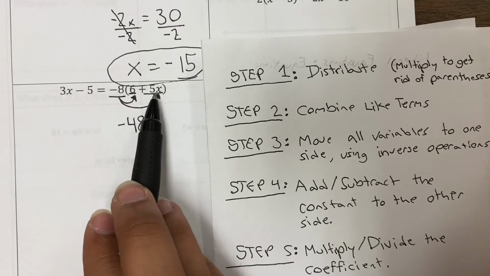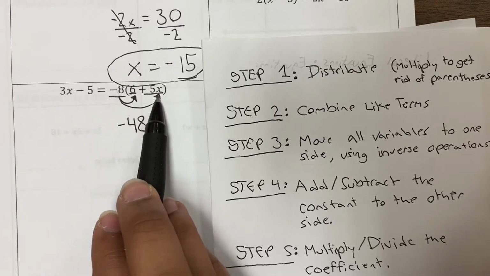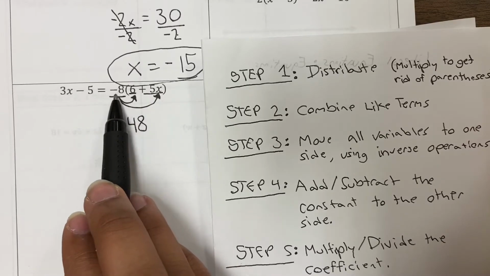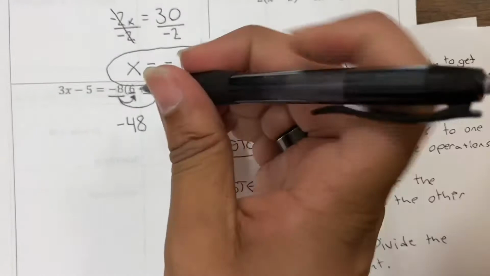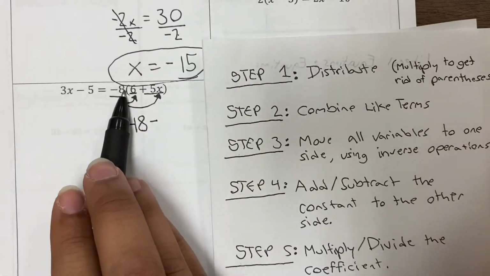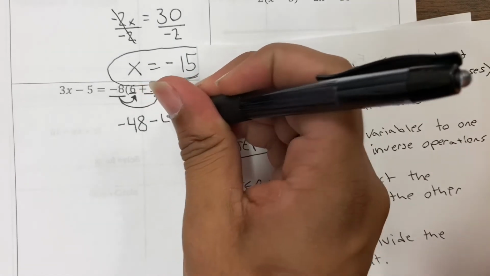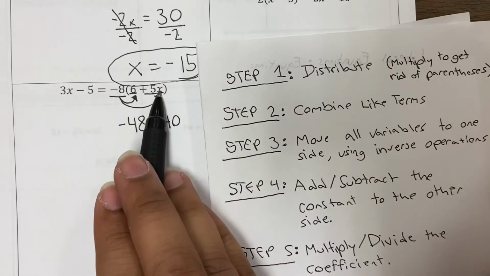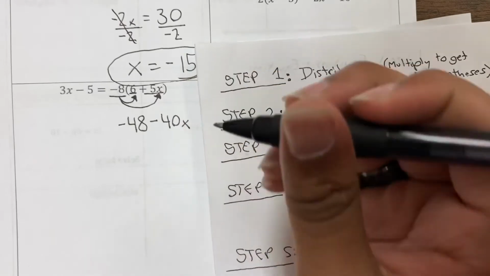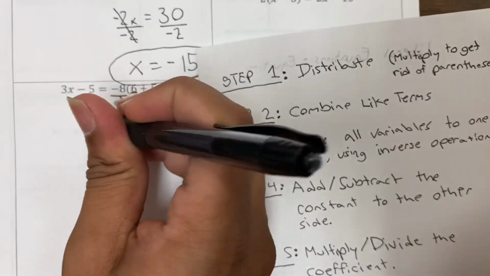So negative 8 times positive 5x. A negative times a positive is going to be negative. 8 times 5 gives me 40. And then I bring down the x. And then I'm going to bring down what's on the other side.